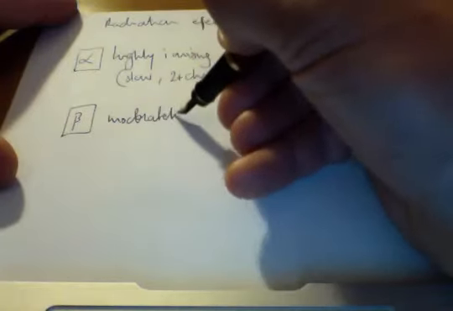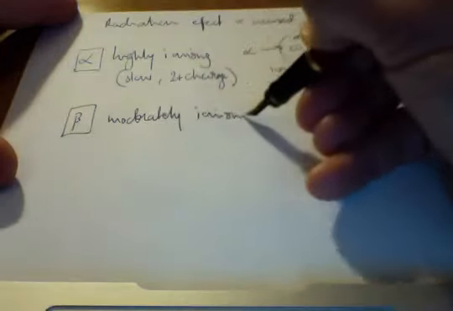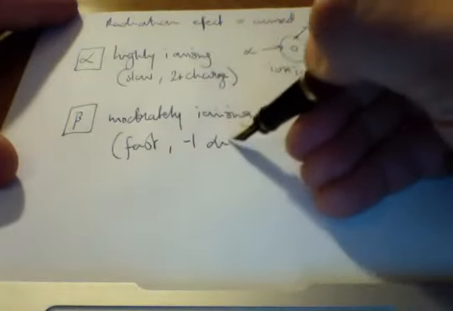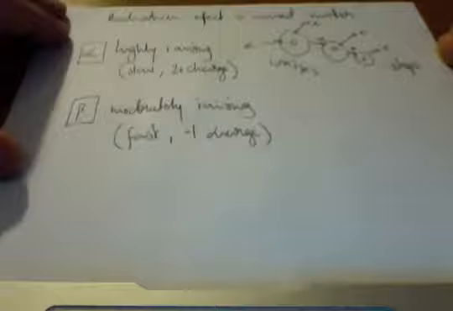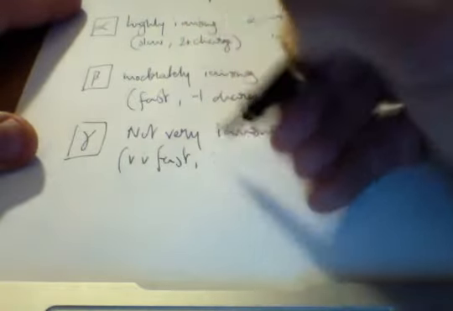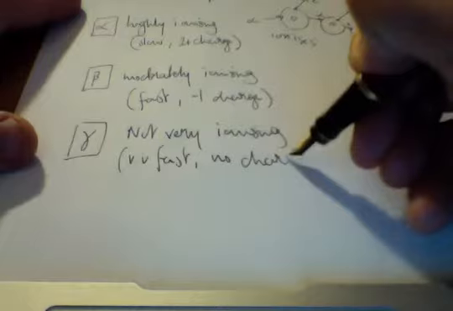Well, beta is moderately ionizing, not least because it's quite fast, so it doesn't stay around very long, and it's only -1 charge. Okay, and gamma, of course, let's just write not very ionizing, because it's very, very fast and there is no charge to it at all.